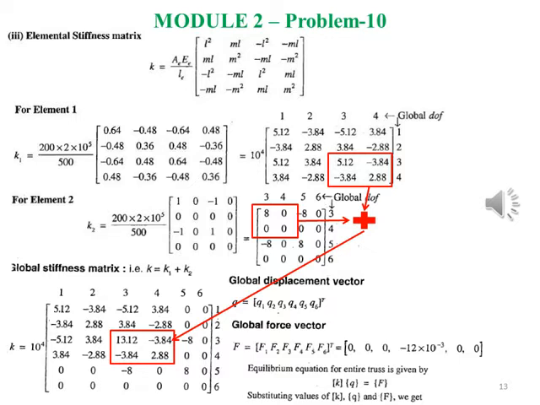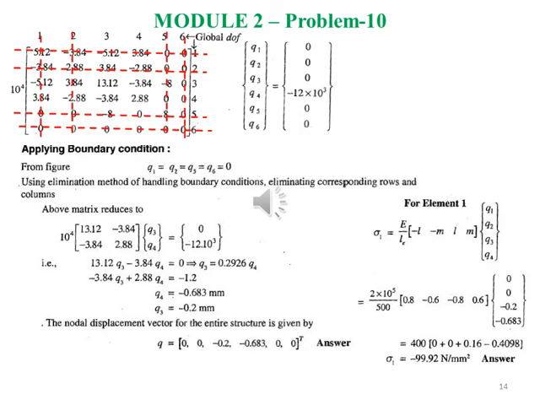So equilibrium equation K into Q is equal to F. Substituting the values of K, Q and F in the equilibrium equation, we get the combined equation, which you can see here.